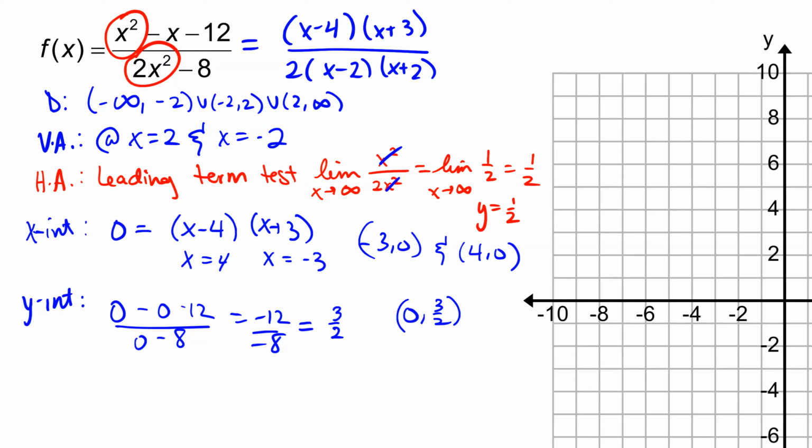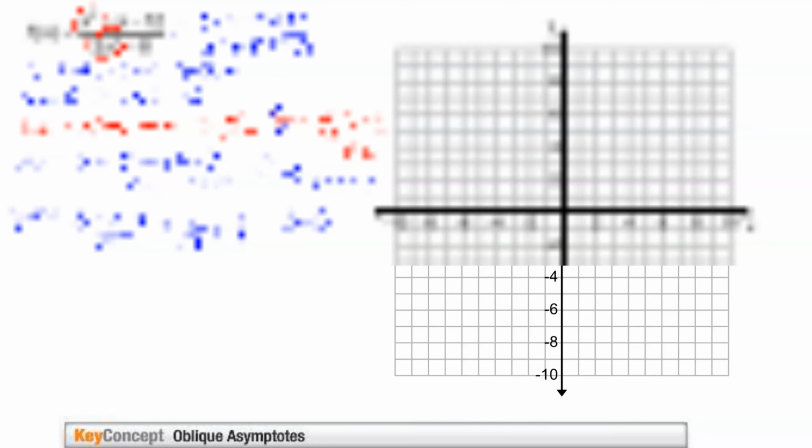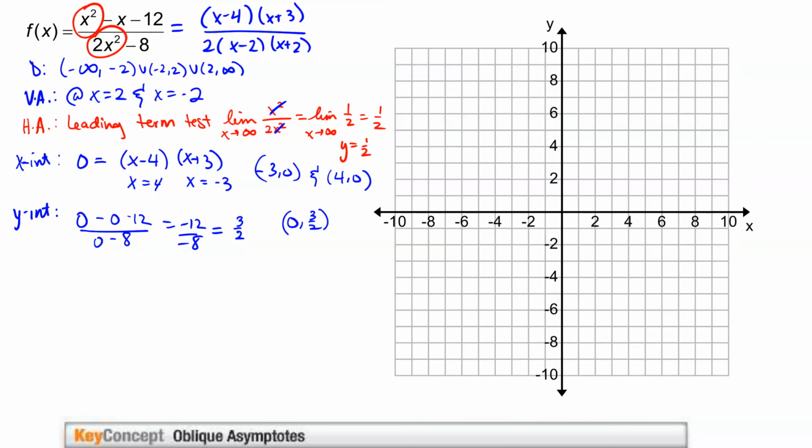The bottom gives you vertical asymptotes, top gives you x-intercepts. So you can draw the asymptotes if you're done with the math, figuring those out. It's about maybe another 30 seconds or so, and then we'll go through how to graph it together.